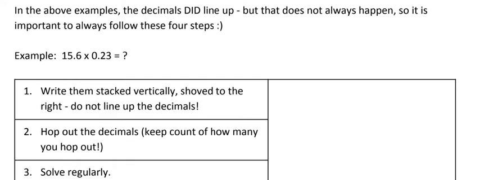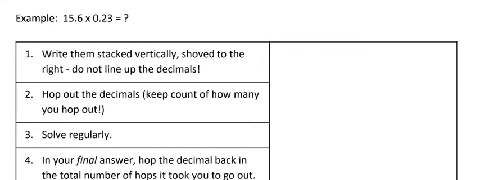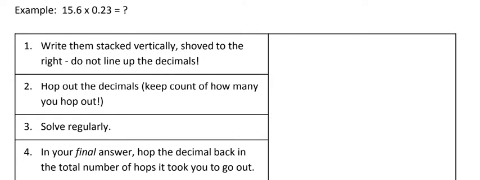In the above examples, those decimals did line up, but that's not always going to be the case, so it's important to follow those 4 steps every time. An example of this is 15.6 times 0.23. So we're going to start with our first step, write them stacked vertically, shoved to the right, not lining up the decimals.